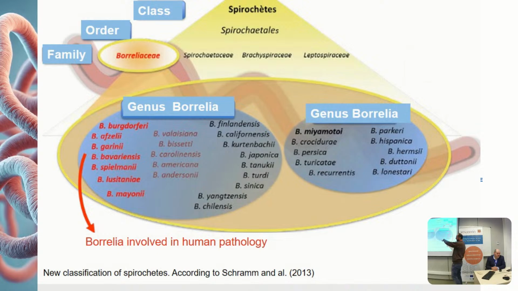For example, the genus Borrelia, like Borrelia recurrentis, this bacteria gives only recurrent fever, but not Lyme disease. So there are, in theory, only a few Borrelia that can transmit Lyme disease.